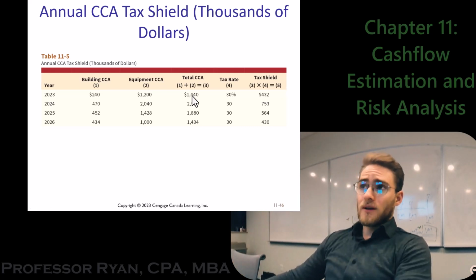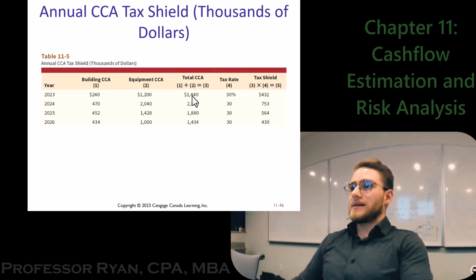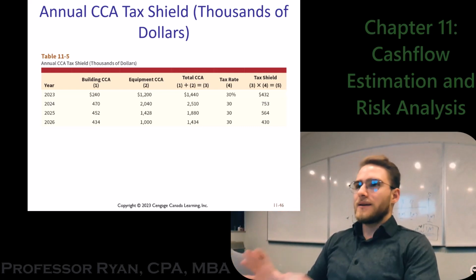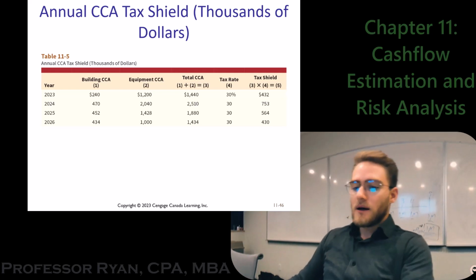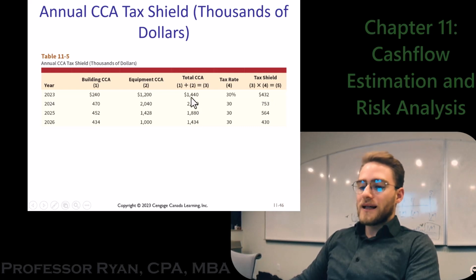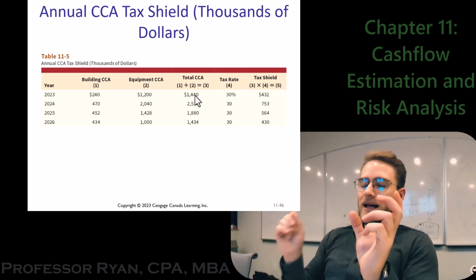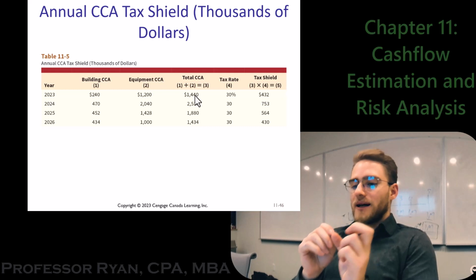Now that is our 30% tax rate. That's the corporate tax rate. Okay, that's not the specific CCA rate. So that corporate tax rate we use to calculate the tax shield. So in this case, if we get a $1,440 deduction, right, what we can do is multiply that deduction by the 30% tax rate.